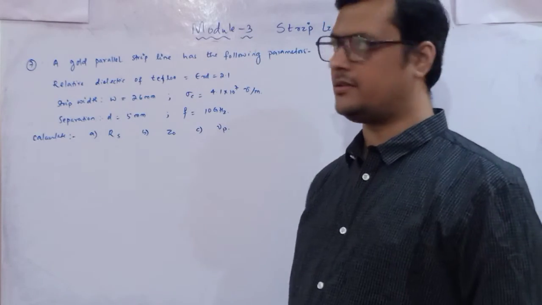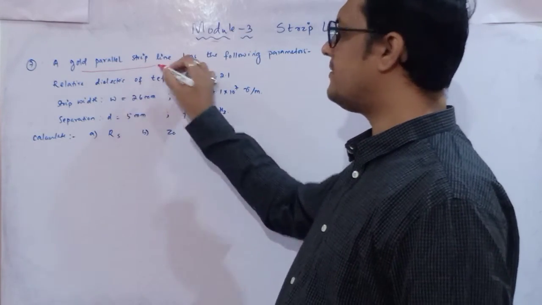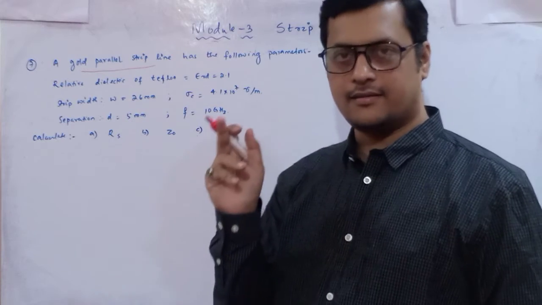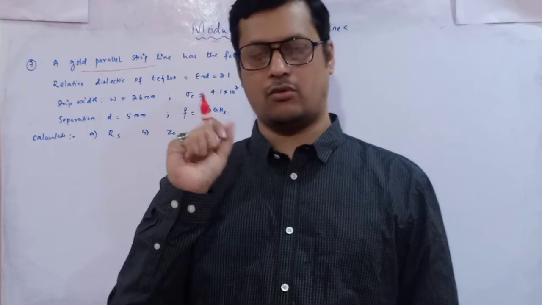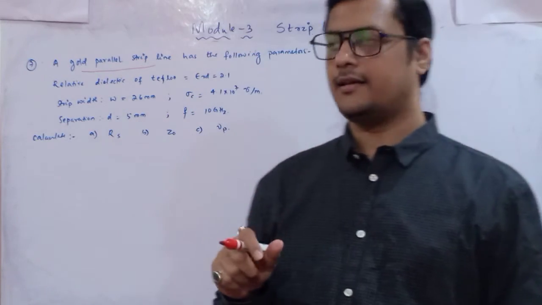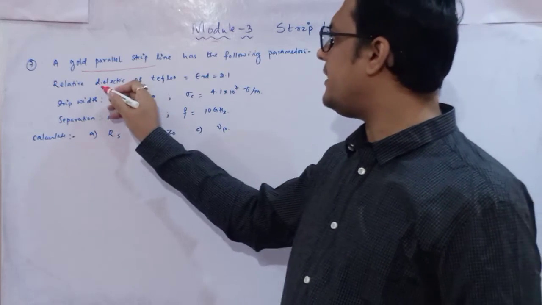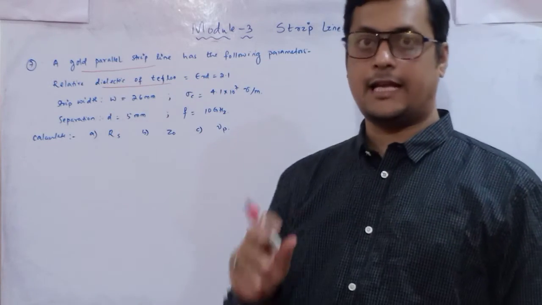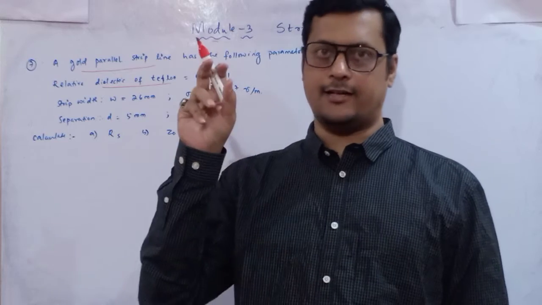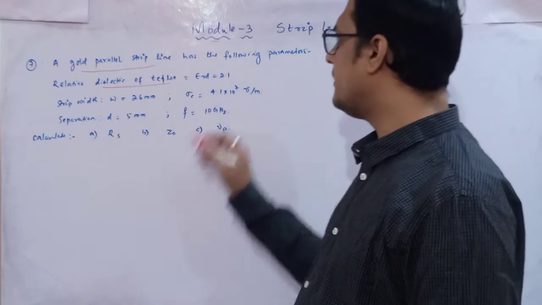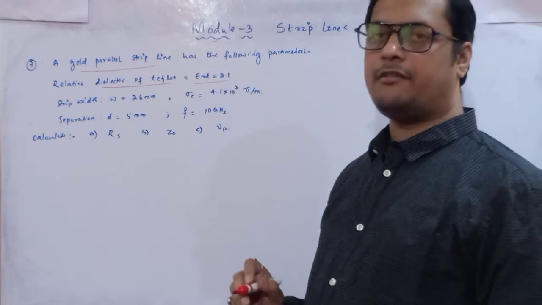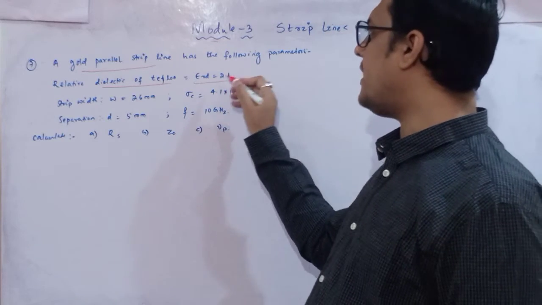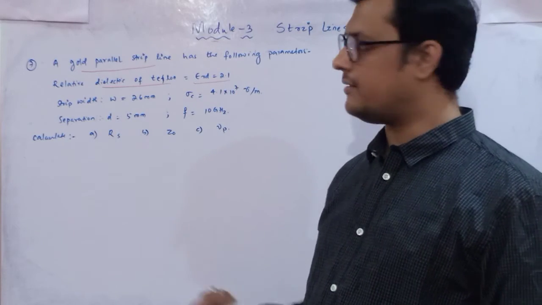Okay, so this is the last question which we are going to discuss. A gold parallel strip line. That means in the parallel strip line the metal is gold and the dielectric material is Teflon, whose relative permittivity, epsilon Rd, is 2.1.